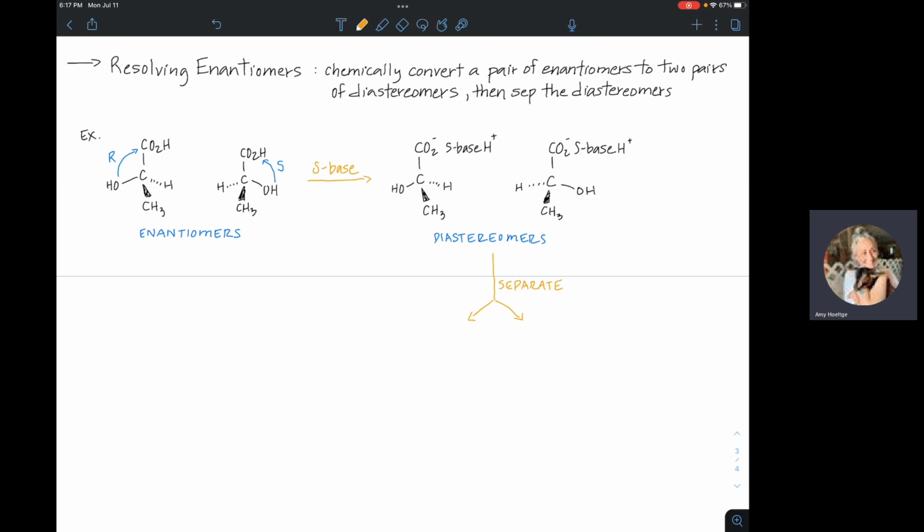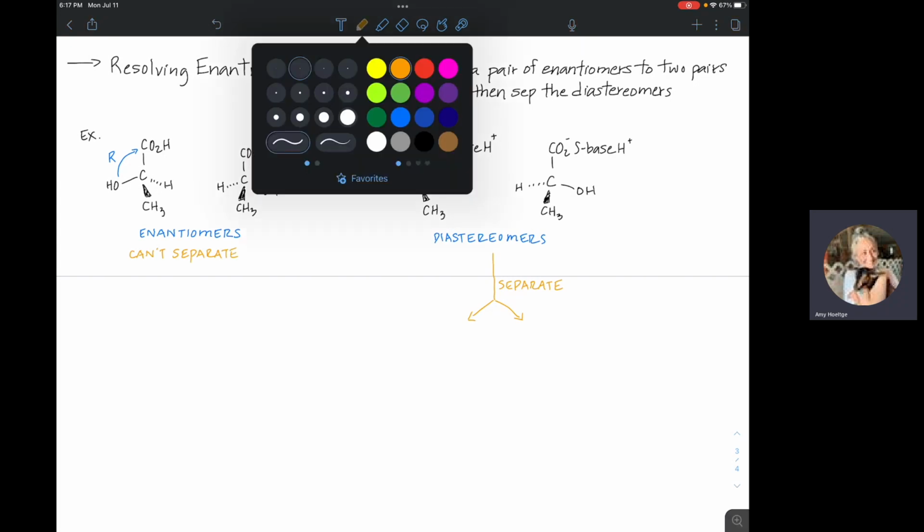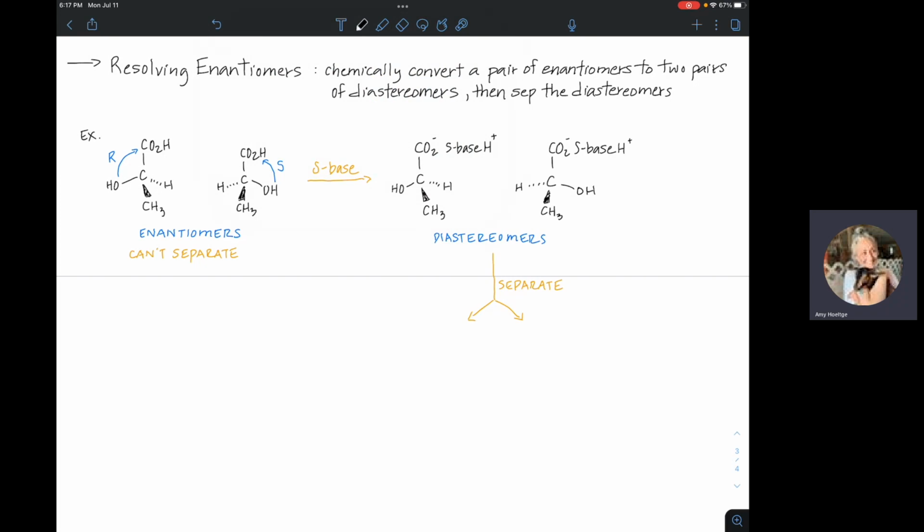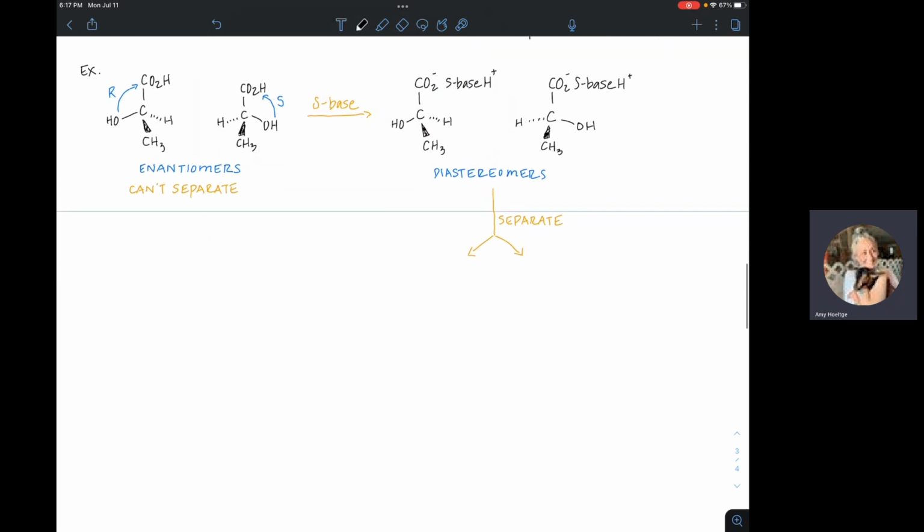Over here, can't separate. And what I'm going to get is CO2 minus, and my S, my left-handed base, conjugate acid.